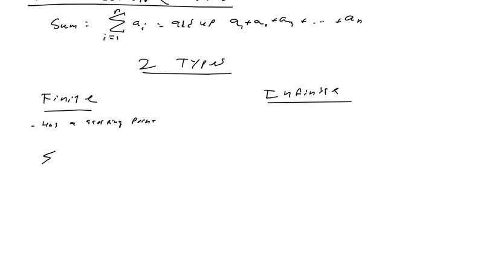So you have, for example, the sum S_n, a sum from i equals 1 to n of some geometric sequence. This is going to be a1 times r to the i minus 1.